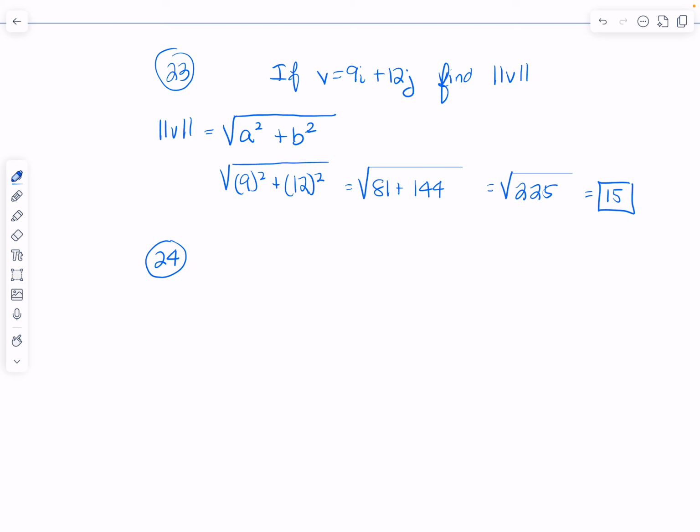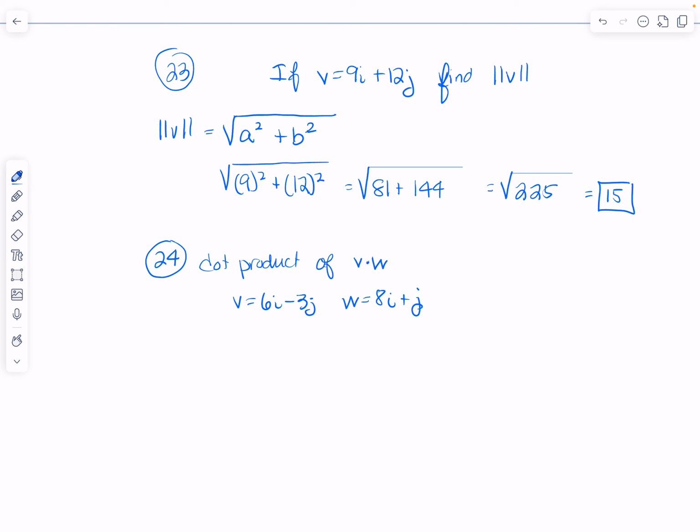So number 24 says find the dot product of v dot w. Okay, so v is given to us as 6i minus 3j, and w is given to us as 8i plus j.